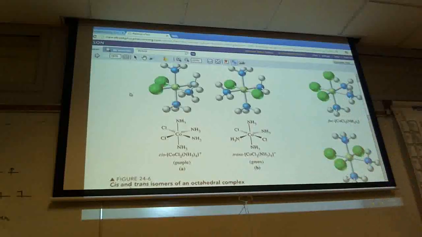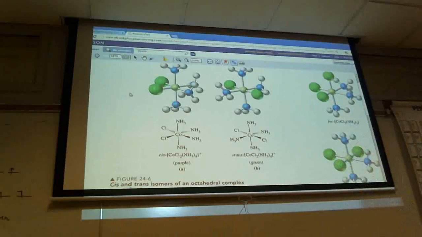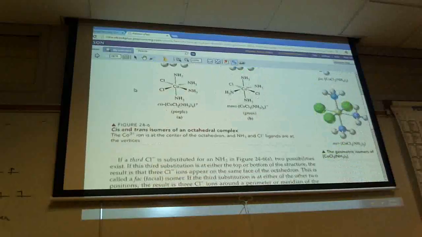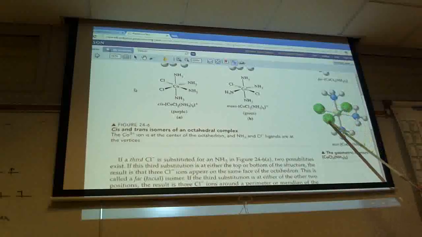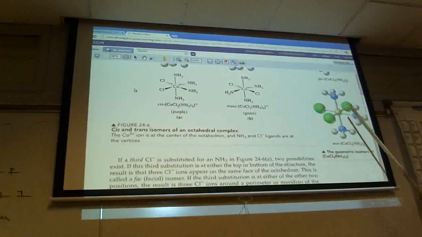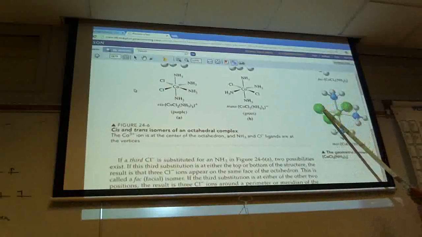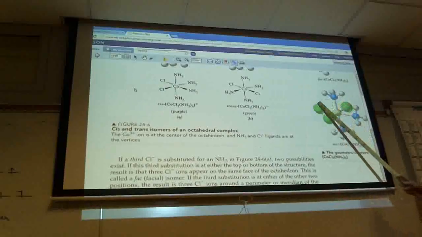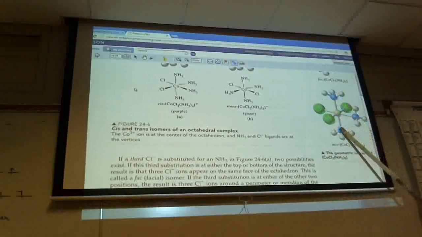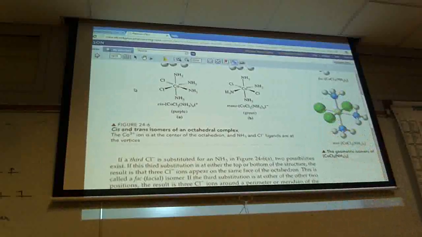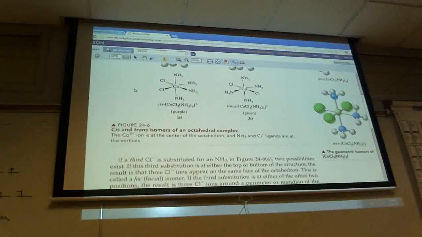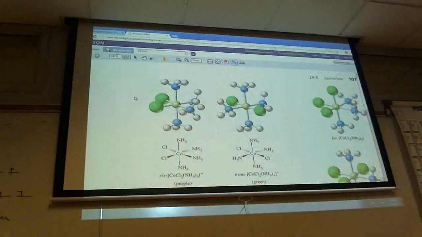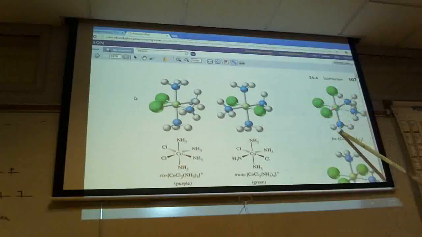That can be compared to this one, which would be the mer isomer. So three of a kind, rather than putting it on the face of the polygon, we put it on the edge of the polygon, or the meridian of the polygon. And so we get the mer isomer. We have a meridional arrangement of the chloros and of the amines. Both are on the edges. Up here we have a facial arrangement of the chloros and a facial arrangement of the amines.